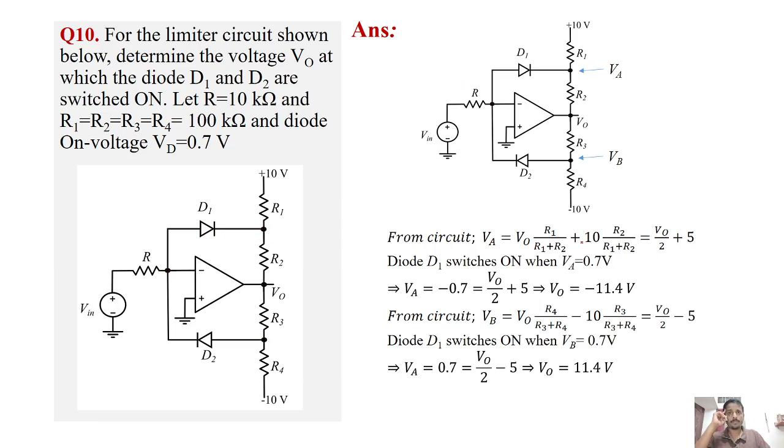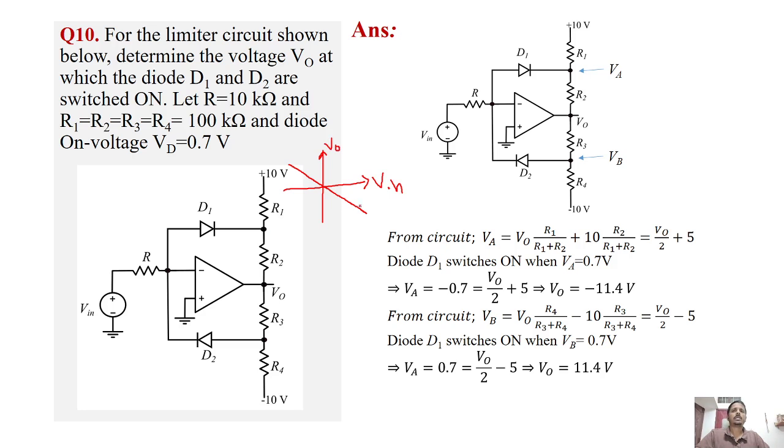Why are these two diodes complementary to each other? Actually the circuit is known as a limiter circuit. So usually the output of an inverting amplifier will be linear, right? With respect to V in, V out will be V in into some amplification.